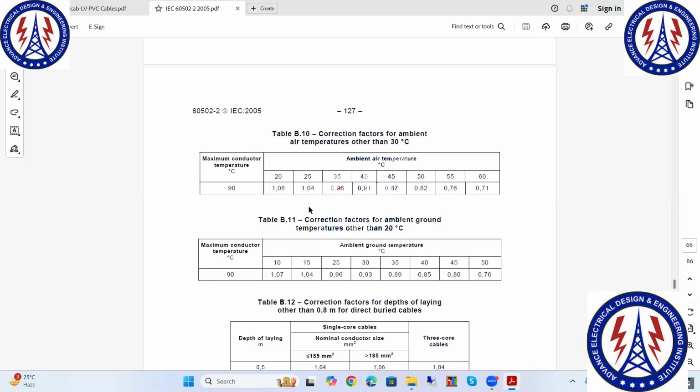It is the cable current which is related to the cable conductor only. The rest is protection. The armoring or non-armoring is protection only. When we are sizing the cable, we are designing the conductor cross-section based on that. Okay.